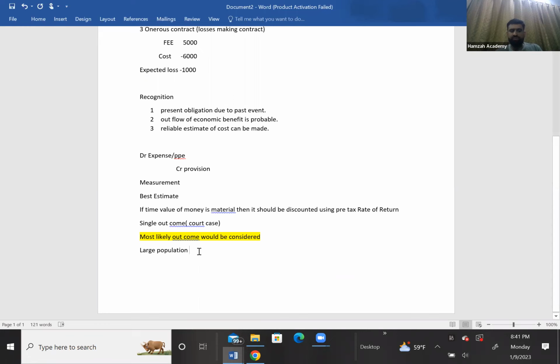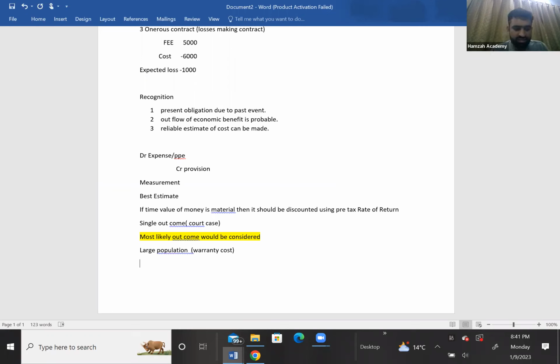And large population. If we are making a provision for a large population, the warranty cost is an example where we can say a large population is involved. It means more than one outcome is possible because a number of products are involved.